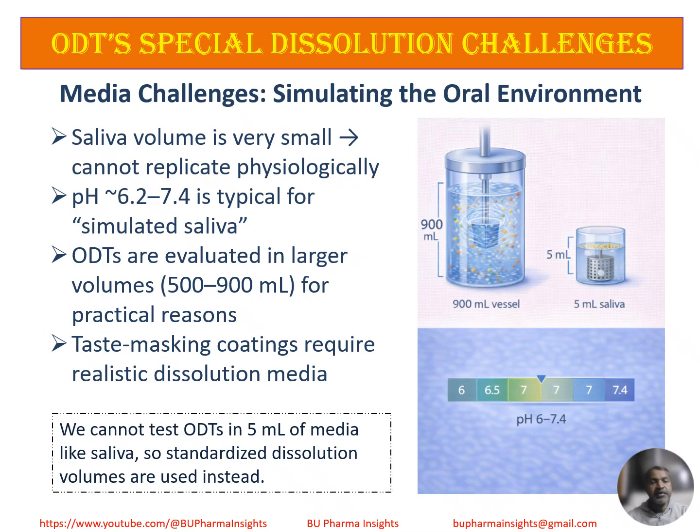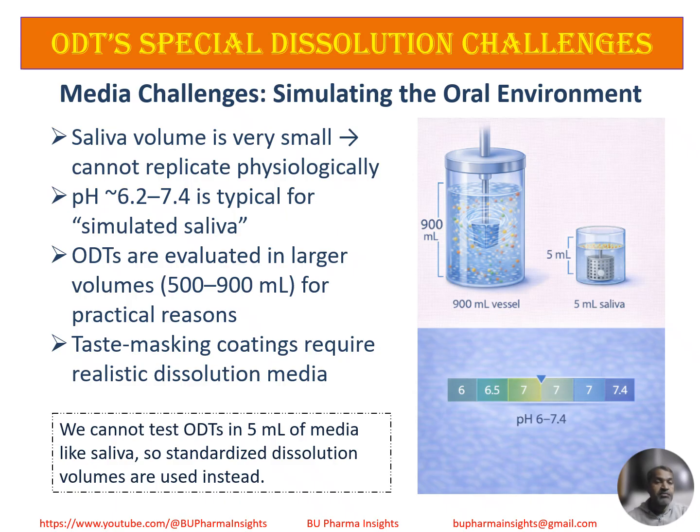There is a scientific trade-off in ODT testing: physiological relevance versus analytical detectability. In real life, saliva volume is very small, only 2 to 5 ml. This cannot be realistically replicated in the lab. That's why in R&D we often use simulated saliva, pH typically 6.2 to 7.4, but in QC we use standard buffers and larger volumes, 500 ml to 900 ml, to ensure accurate measurement and reproducibility.